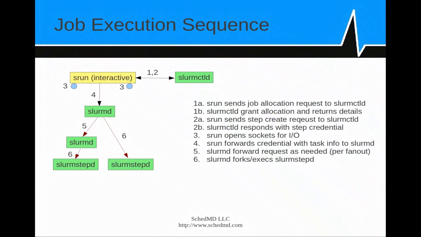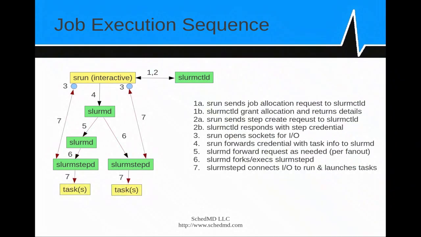That slurmd will forward the information to the slurmds on whatever other compute nodes are using that allocation. And that will fork and exec the Slurm stepd, which, as I said, is the shepherd for the job steps. That will connect up to the sockets which srun opened up for the I/O and launch the tasks.